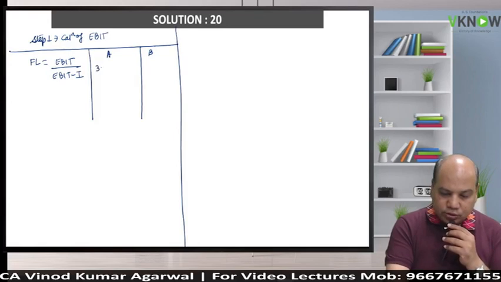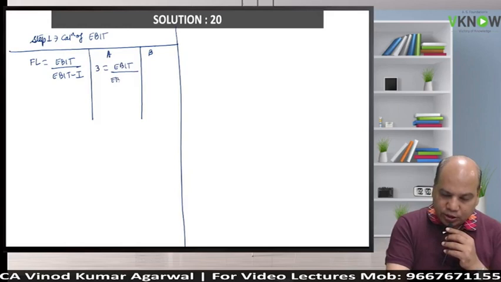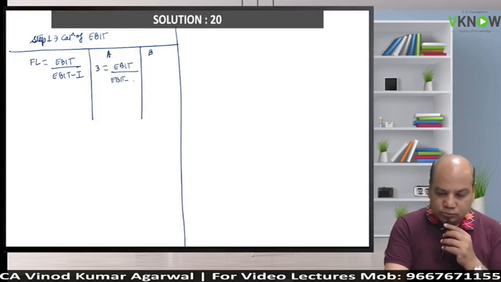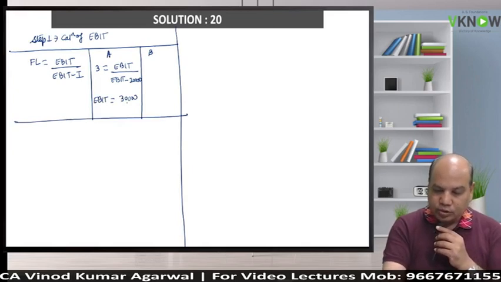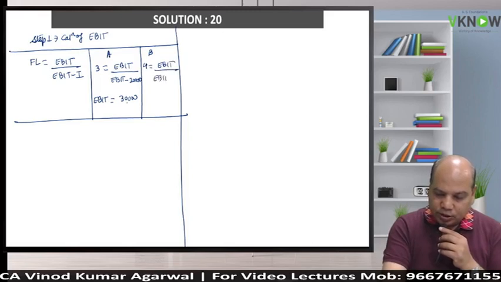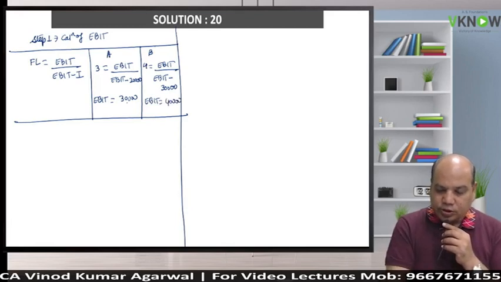So 3 is equal to EBIT upon EBIT minus interest of 20,000. So EBIT is 30,000. Next, 4 is equal to EBIT upon EBIT minus interest of second firm, which is 30,000. So EBIT equal to 40,000. 30 and 40.